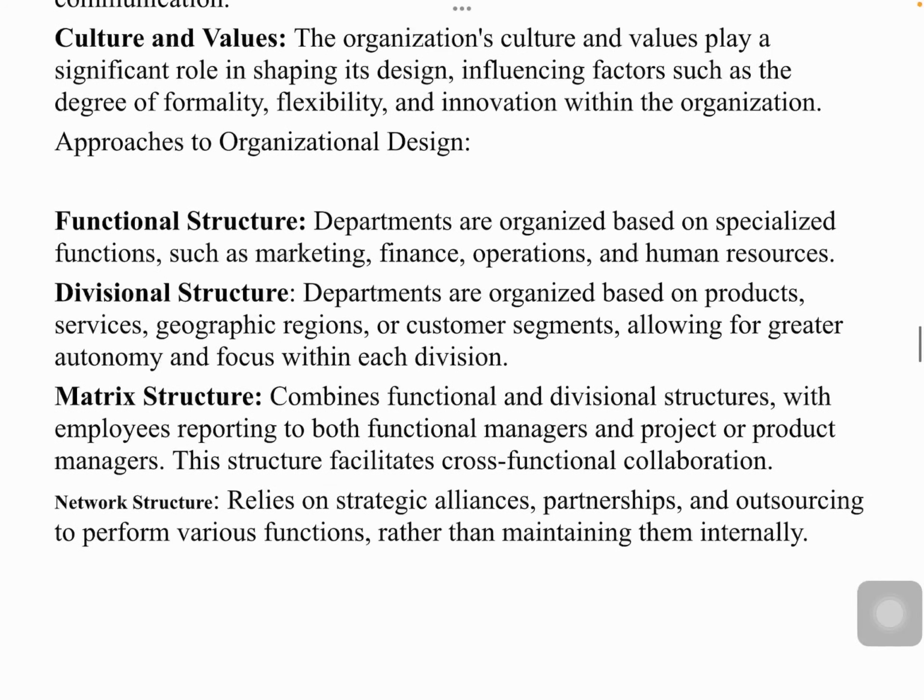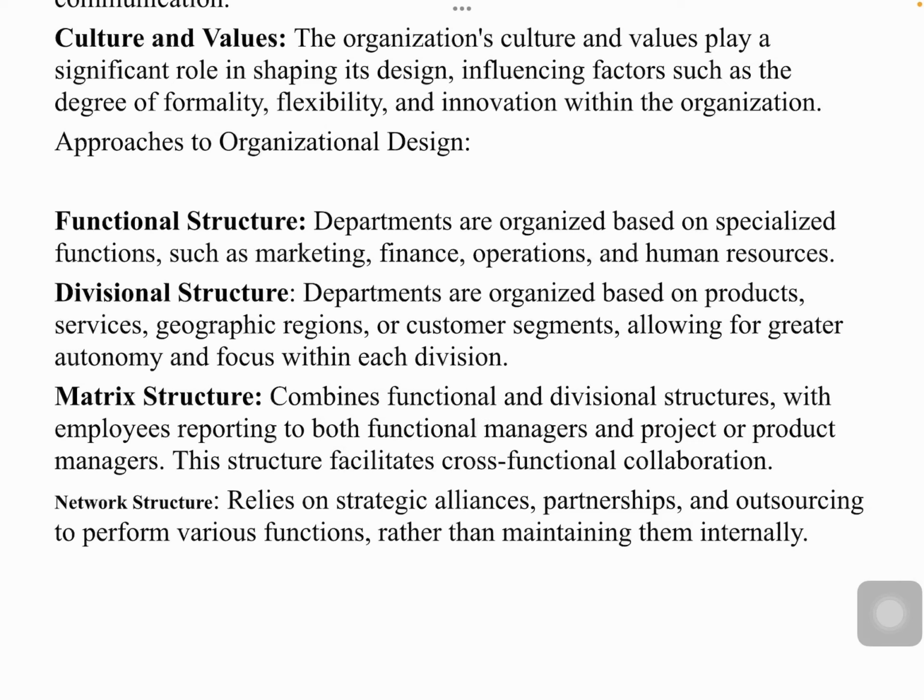Okay, so here we have the functional structure. Departments are organized based on specialized functions such as marketing, finance, operations, and human resources. So for example, separate departments for sales, separate departments for finance and production.